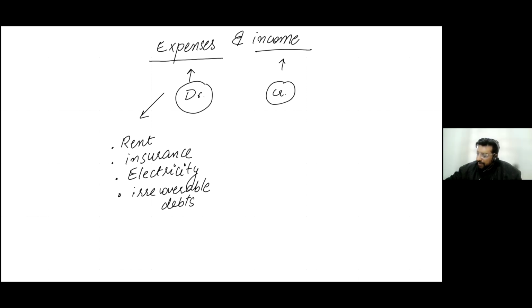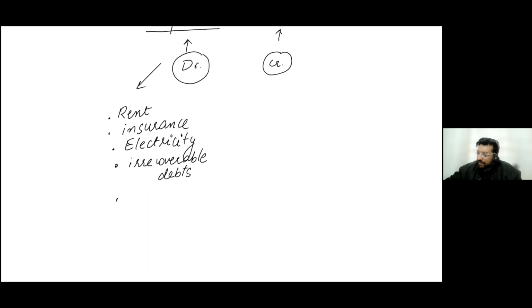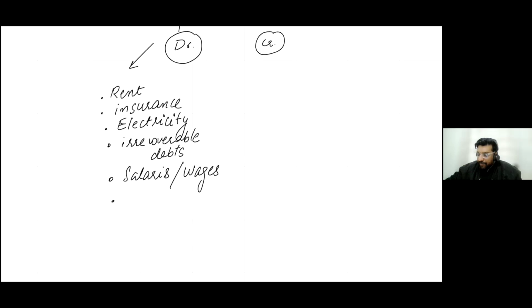And what else? Salaries, wages. Depreciation is an expense. Depreciation, we charge depreciation for our non-current assets.